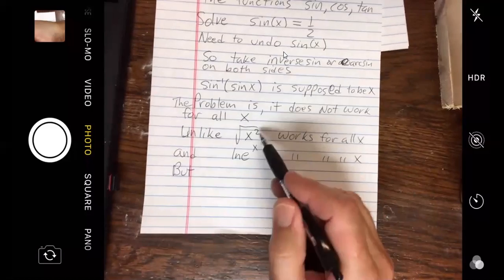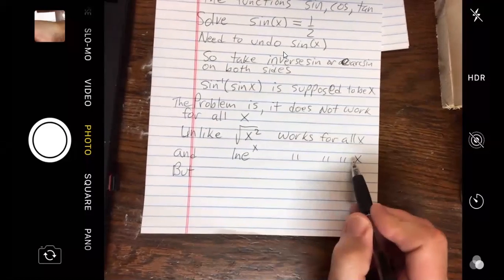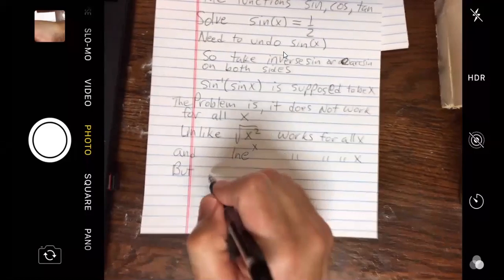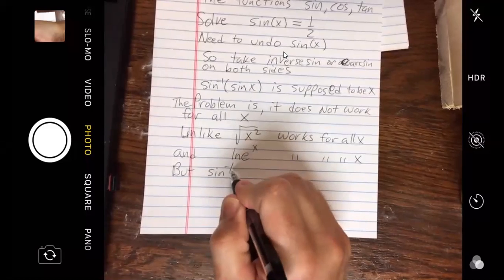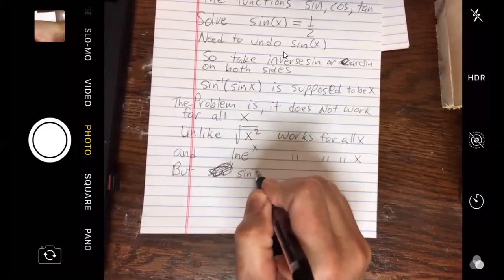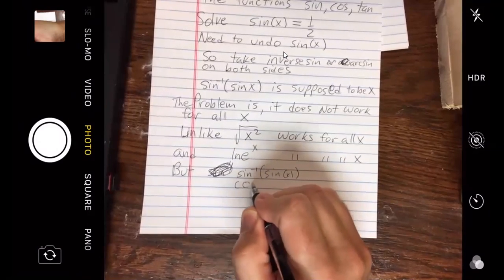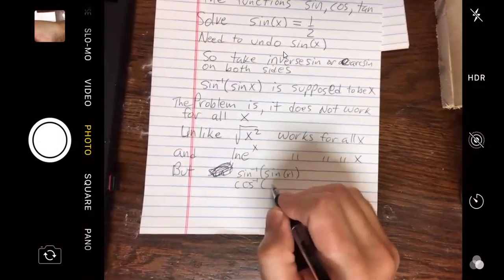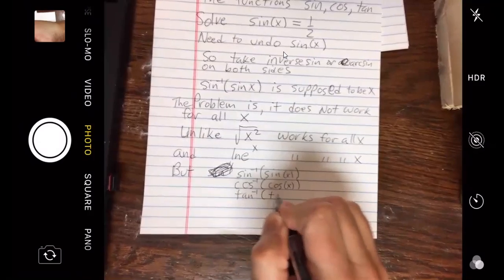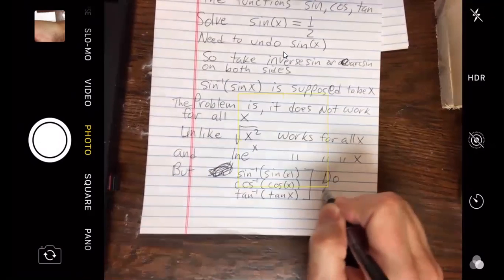Okay, so square root of x squared, they undo each other and it works for all x. Log of e to the x works for all x. But arc sine of sine of x, arc cosine of cosine of x, arc tangent of tangent x do not work.